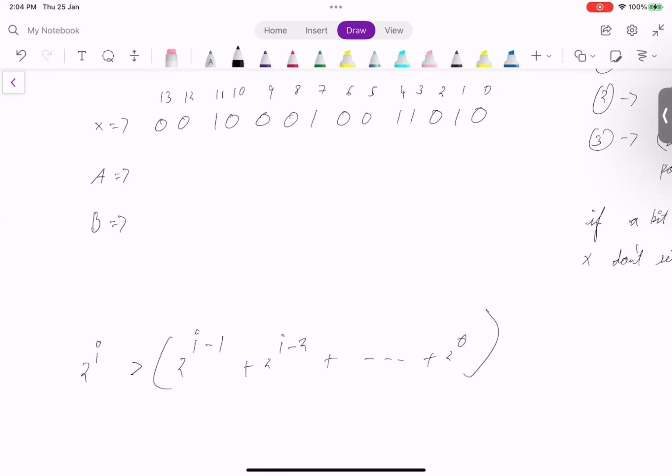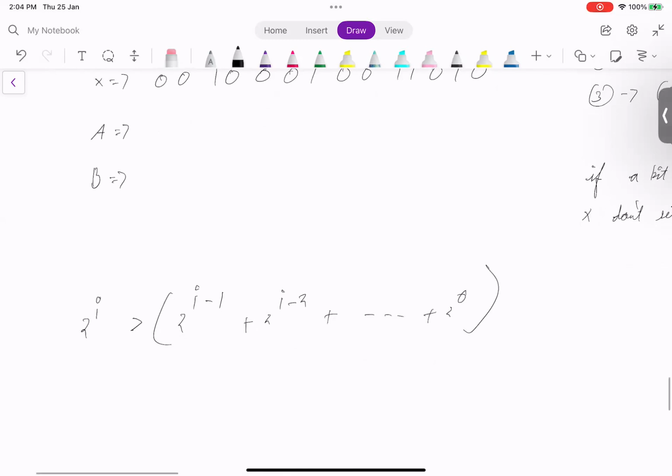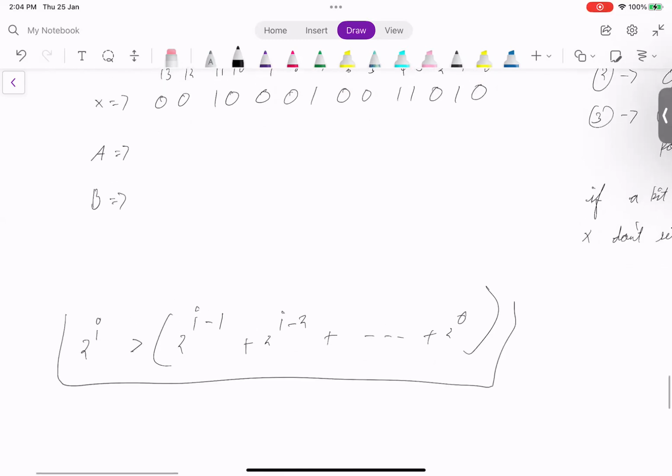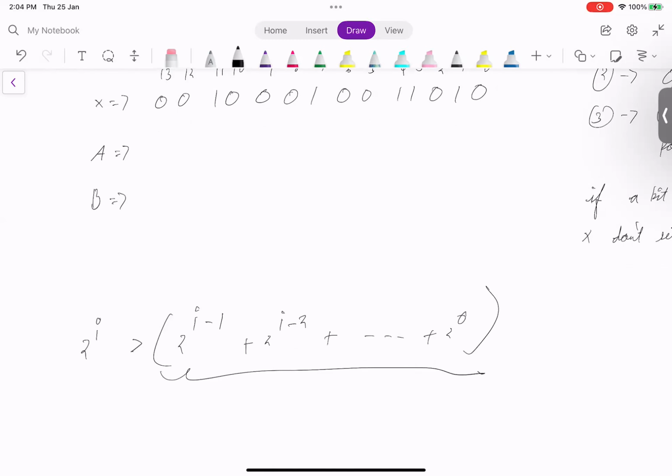Though we set all bits lesser than the ith bit, the summation of all those bits' values is still not equal to the ith bit's value; it's less. If we apply GP on this, assuming the worst scenario of setting all bits lesser than the ith bit, we can observe this is 2 power i minus 1. So 2 power i minus 1 is still lesser than 2 power i.